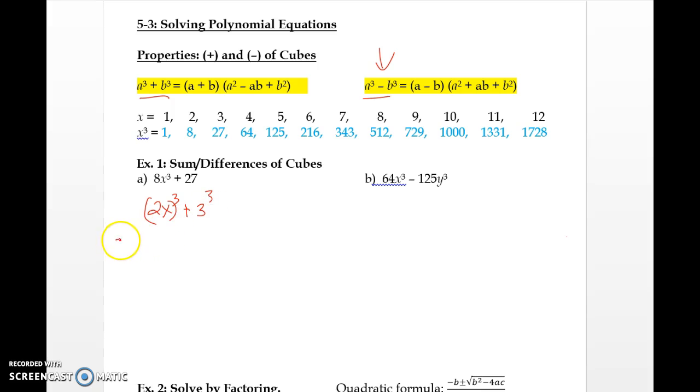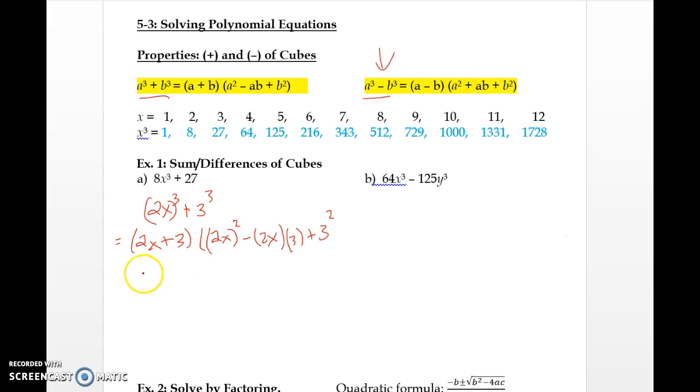Now that it's written like this, since it's a cubed plus b cubed, I can use this equation, a plus b, and then times a squared, and a is 2x, so it's the whole thing squared, minus 2x times 3, plus 3 squared.